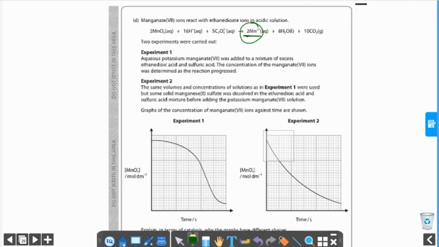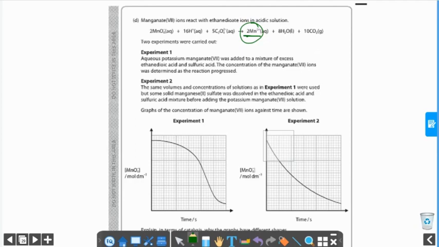So here the product is manganese 2 plus, colorless manganese 2 plus. As the reaction progresses and the product is produced, what happens? It acts as a catalyst. It catalyzes the reaction. So in experiment 1, manganese 2 plus is produced, and that catalyzes the reaction.